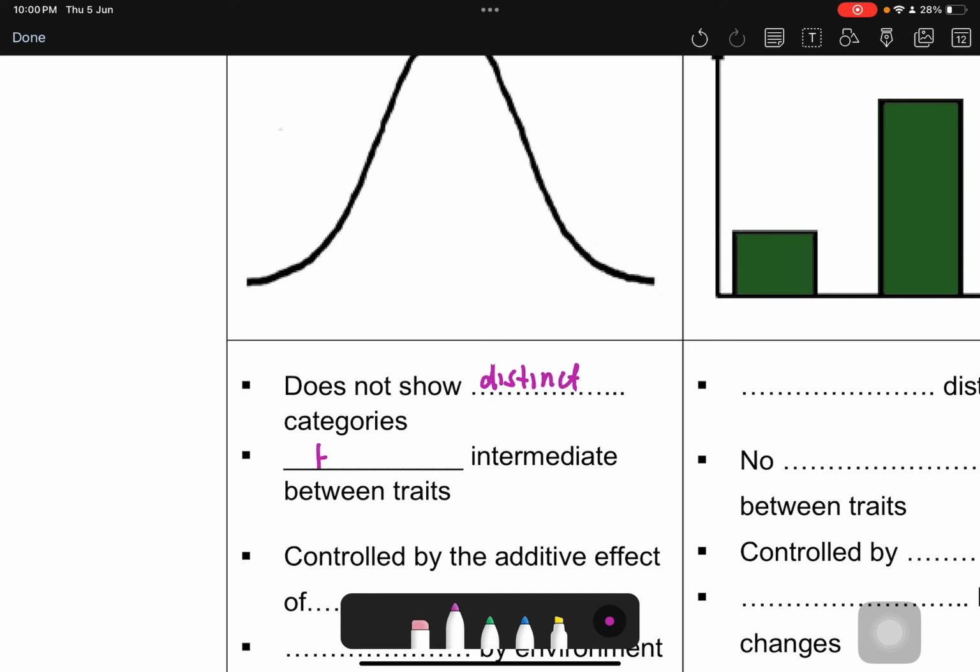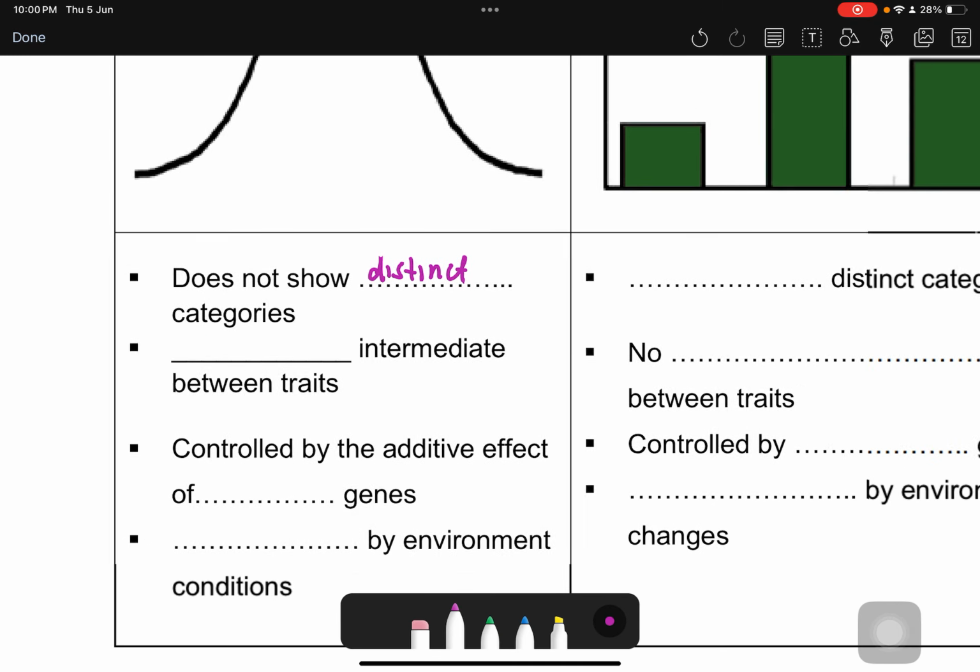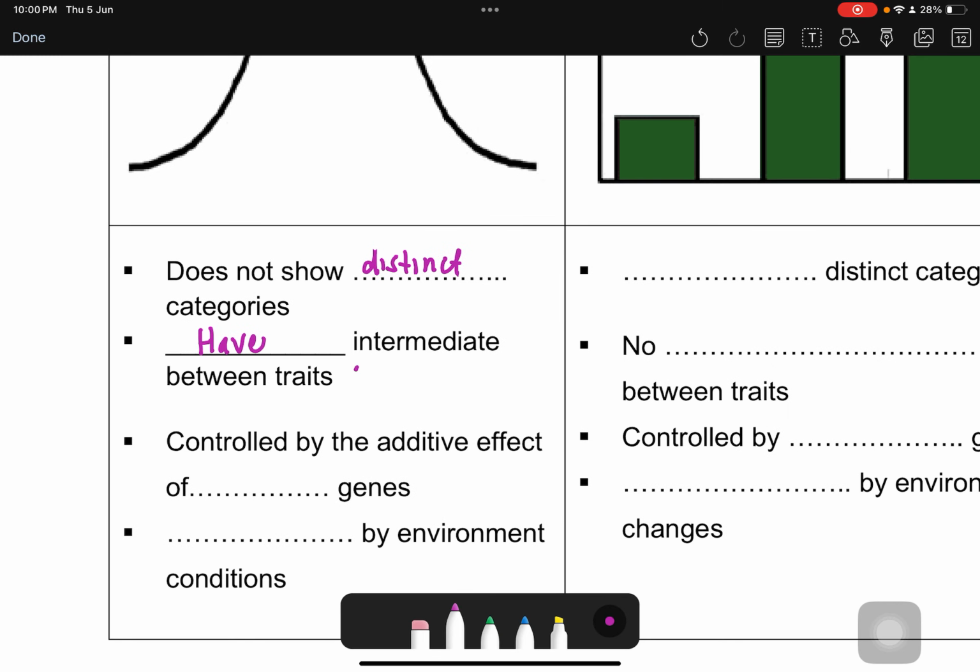Because there are intermediates between this trait. For example, like what I mentioned, between 168 to 169, there are intermediates, 168.1, 168.2. And if we really want to be so accurate, we can be more specific and precise with our instrument, and measure the slight difference between people as well.